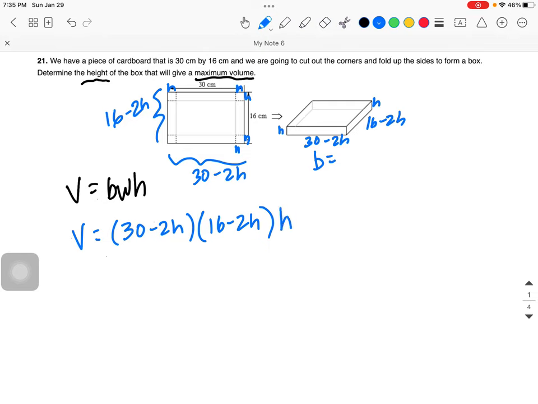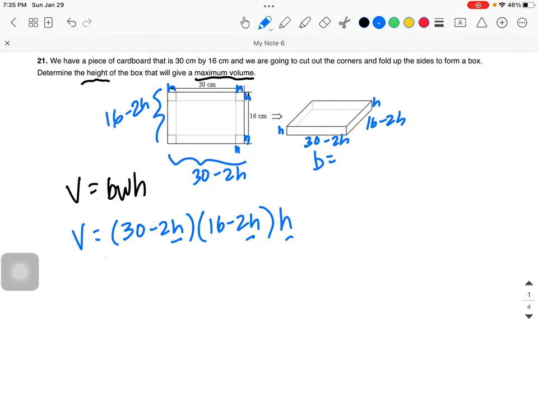I love it. This is a rare example where we have an equation with one variable and we don't actually need a second equation to relate the variables. And so we've got a little bit of work ahead of us, but you can tell that this is going to be a cubic because we're going to have h cubed in there, which means V prime is going to be a quadratic, meaning we're going to have a max and a min.